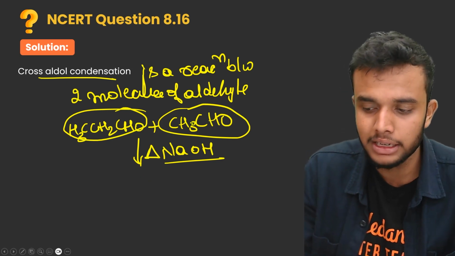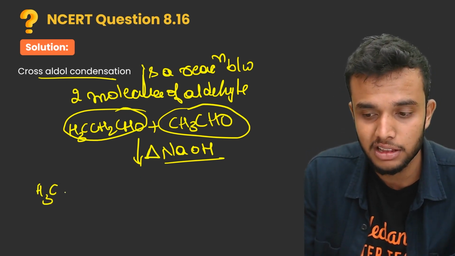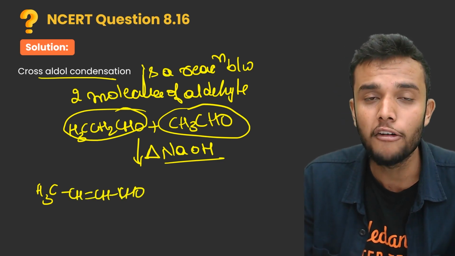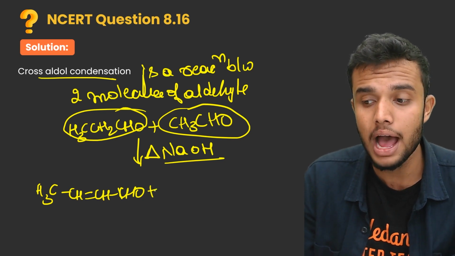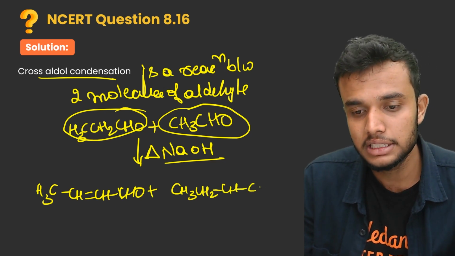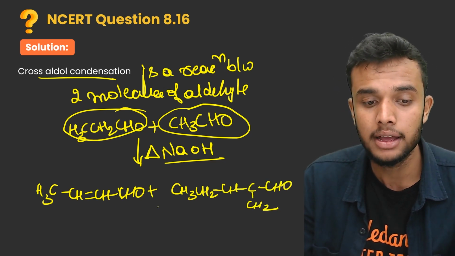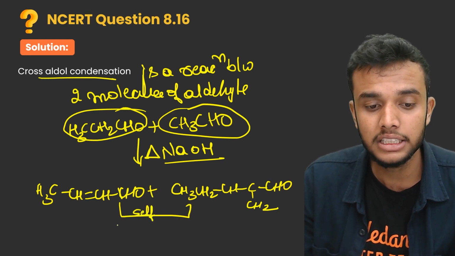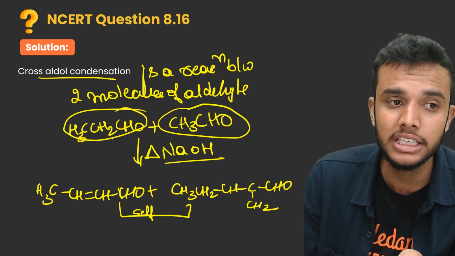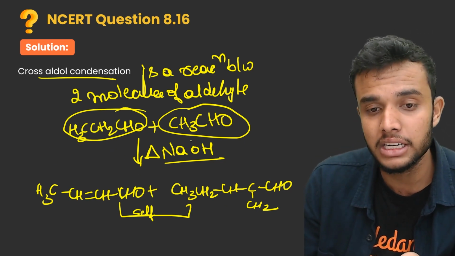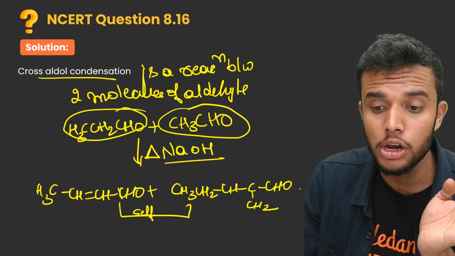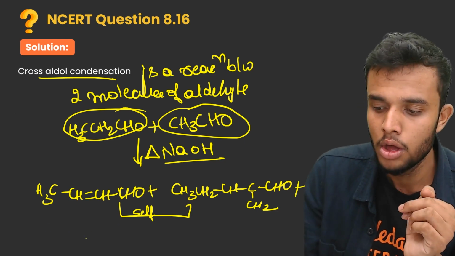What are the products? The first one is but-2-enal, CH3CH=CHCHO. It is formed by two molecules of acetaldehyde. The second one is CH3CH2CH=C(CH3)CHO. These are called self-aldol condensation products, because this product is yielded by self-condensation of propanal molecules, and this product is yielded by self-condensation of acetaldehyde molecules. Next, the cross aldol condensation molecules.